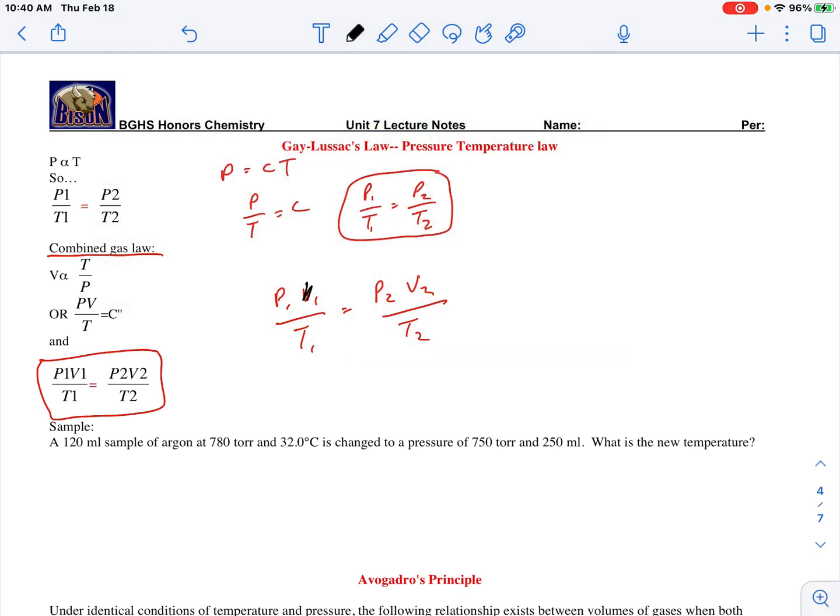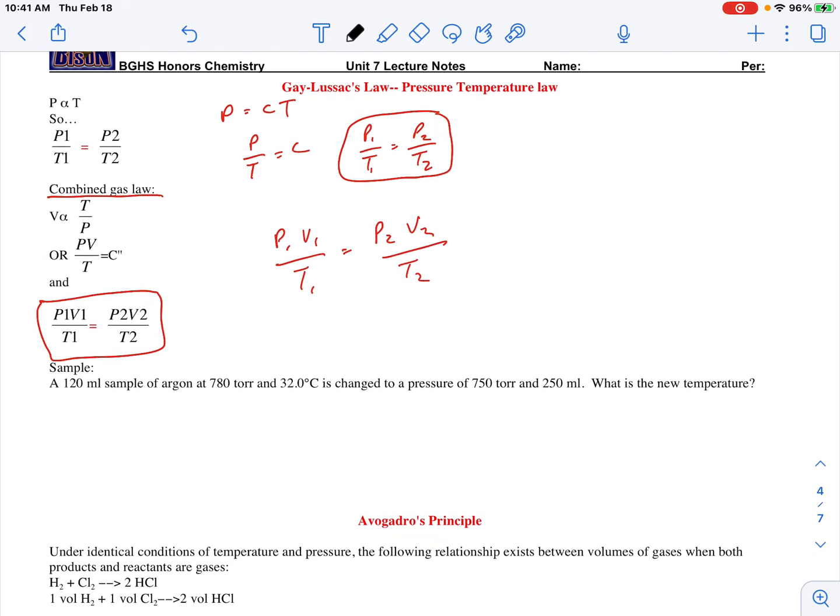I can scratch it out and look what happens. If I ignore the volume, then really what I have is pressure over temperature. Or if I have another law and they don't mention any temperature change, then I ignore the temperature, and then we get Boyle's Law. So the combined gas law is really like a multi-purpose law. You can use it in any scenario. Just know that if a variable is not mentioned, you just ignore it.